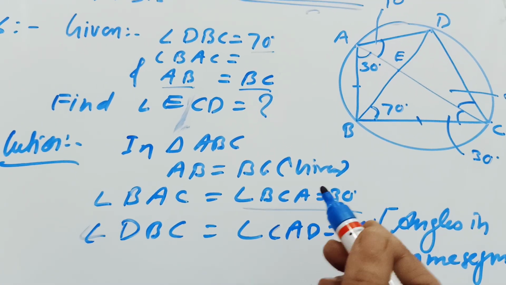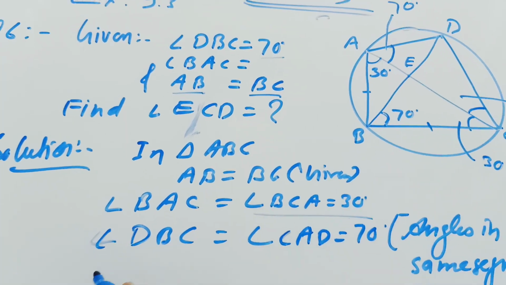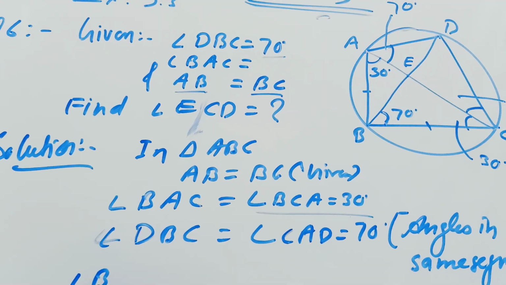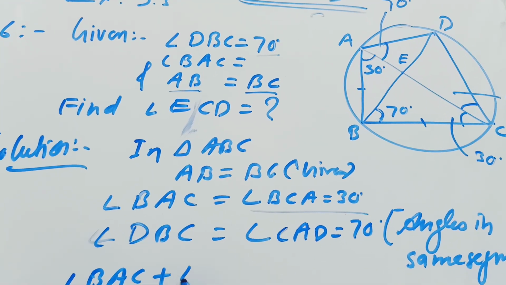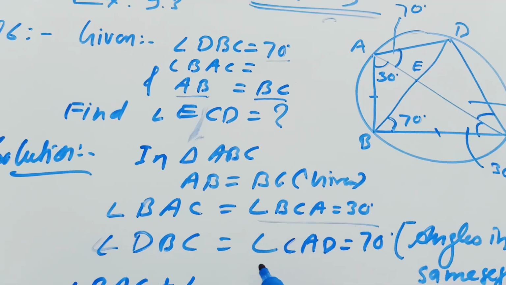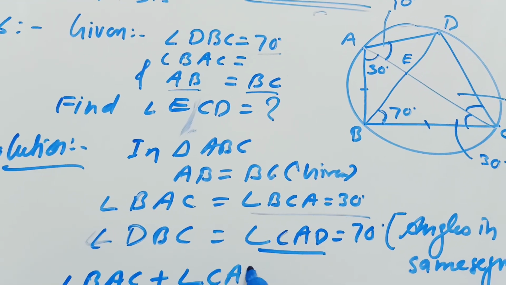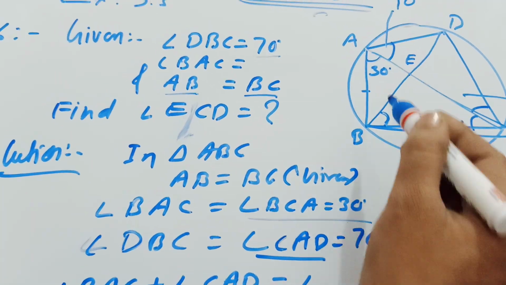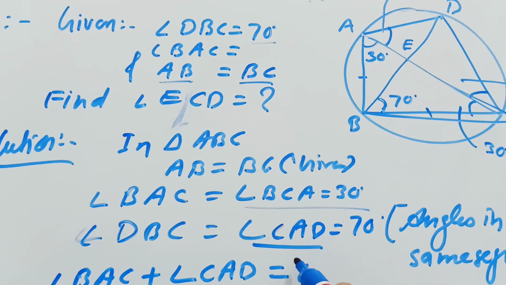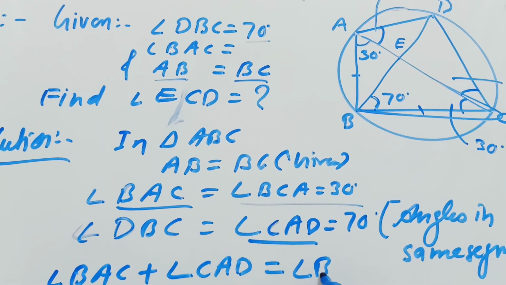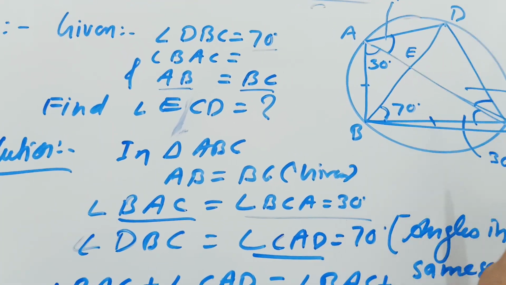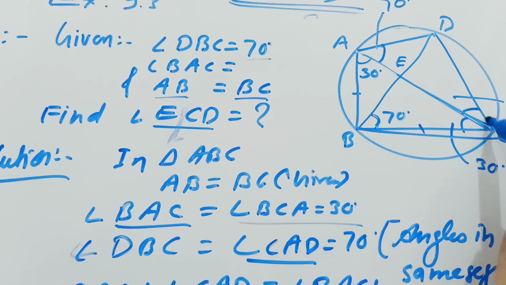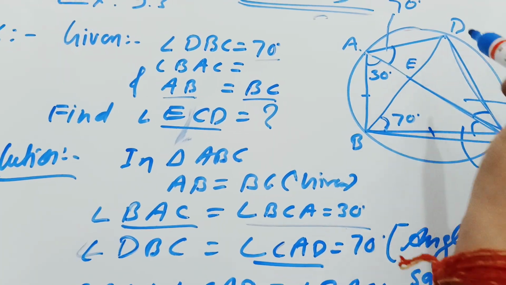Now that both of these are 70, we will write angle BAC plus angle CAD plus angle BCA, either ACB, BAC, plus what we have to find, ECD, or we can write ACD also.